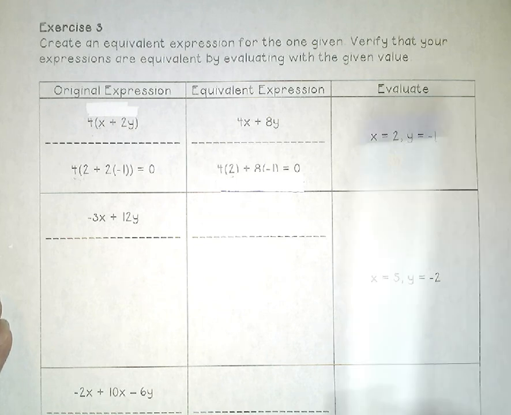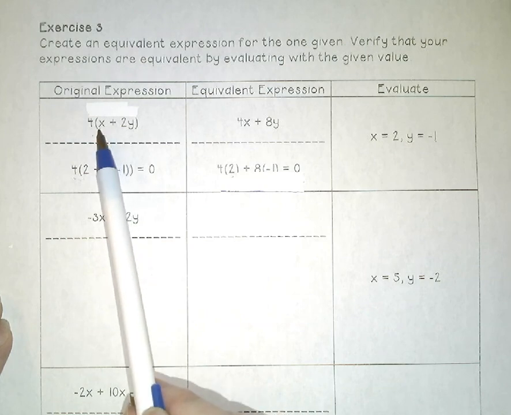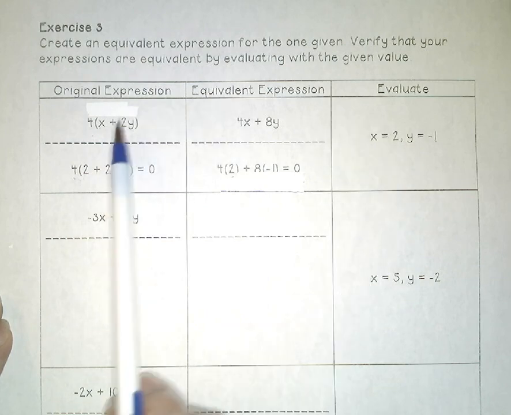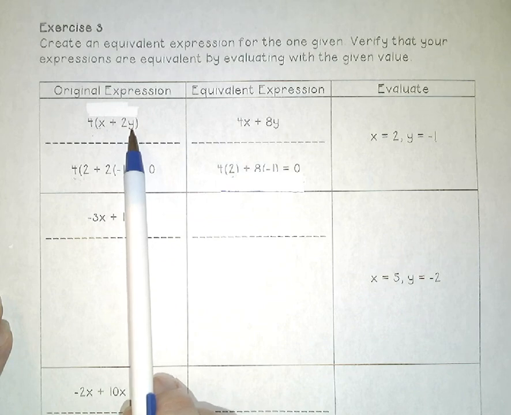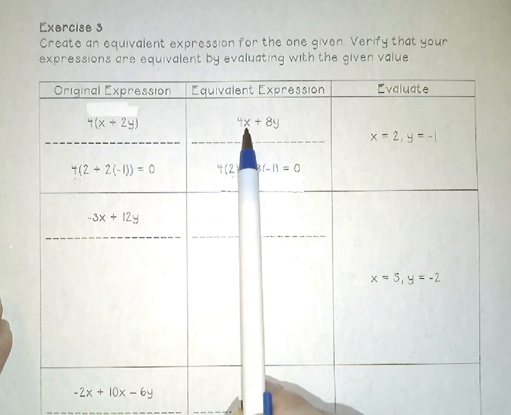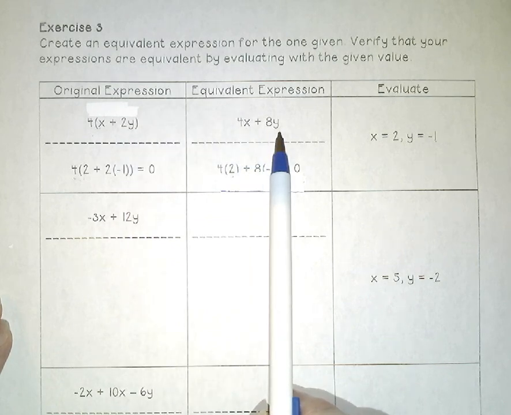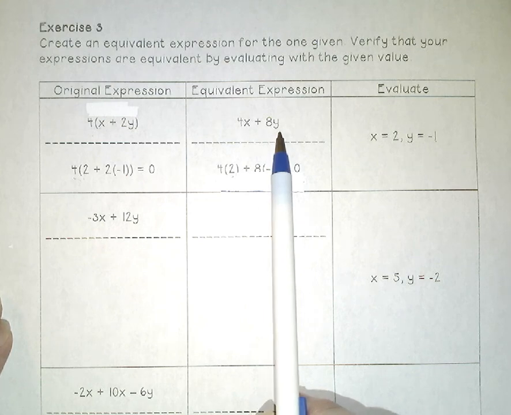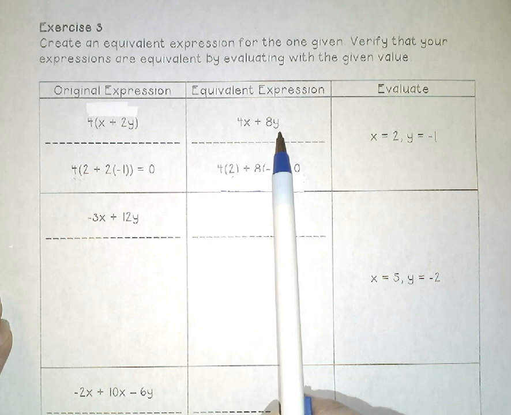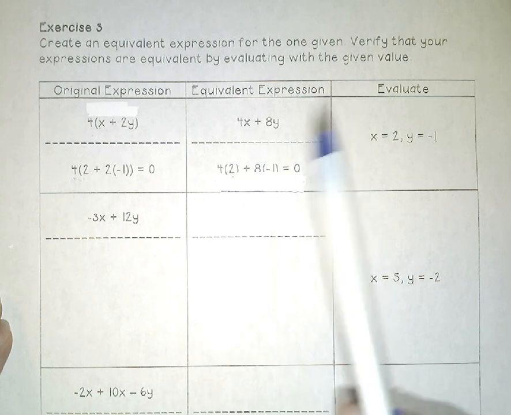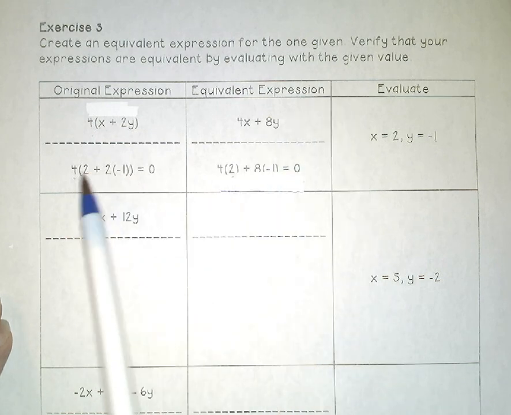In the original expression, we will substitute 2 for x and -1 for y. The same thing we will do for x and for y in our equivalent expression, and we will see if they indeed have the same answer. That's how we'll prove that they're equivalent, right?